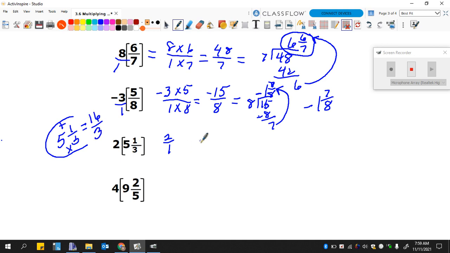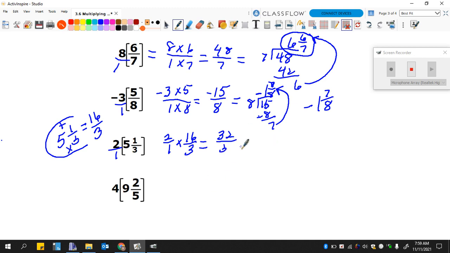So we're going to multiply 2 over 1 times 16 over 3. When we multiply across, 2 times 16 is 32. 1 times 3 is 3.